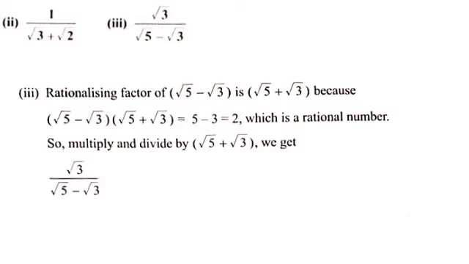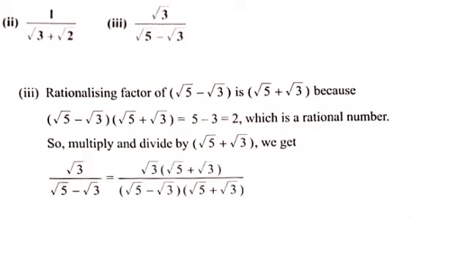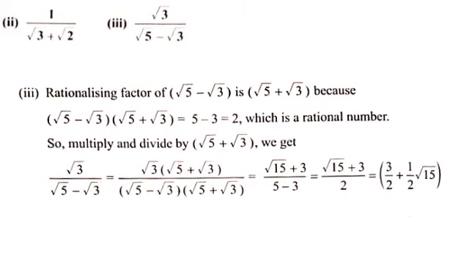When multiplied, we get square root 15 plus 3 by 5 minus 3, which is equal to square root 15 plus 3 by 2. And the answer is 3 by 2 plus 1 by 2 square root 15.